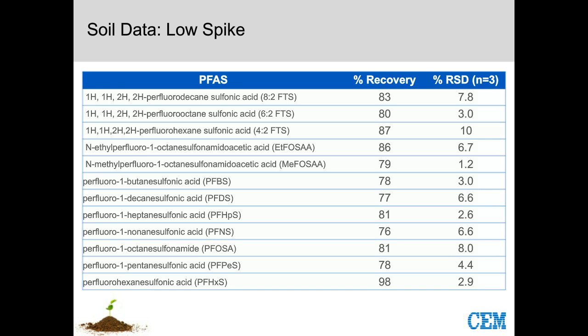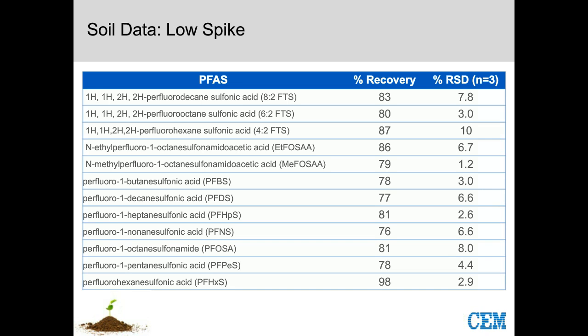For the low spike, we spiked at 0.1 ppb. The limit of detection for this was 0.025 ppb, so just know that we're within the range of what we can detect here. PACE Analytical requires an acceptable recovery range of 50 to 150%, so we wanted to make sure we were within that.